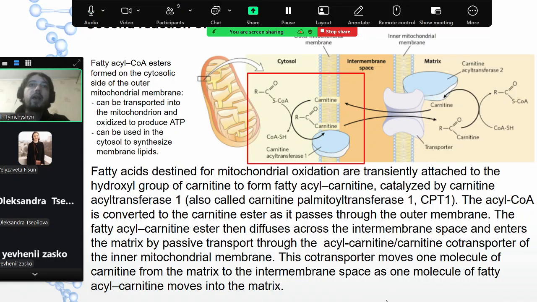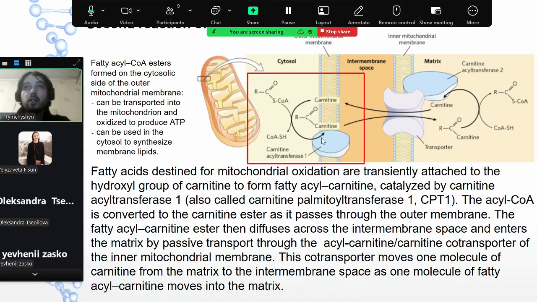The fatty acids destined for mitochondrial oxidation, say we need energy at this point, are transiently attached to the hydroxyl group of carnitine to form fatty acyl-carnitine. That's catalyzed by carnitine acyltransferase 1, also called carnitine palmitoyltransferase 1, CPT1.